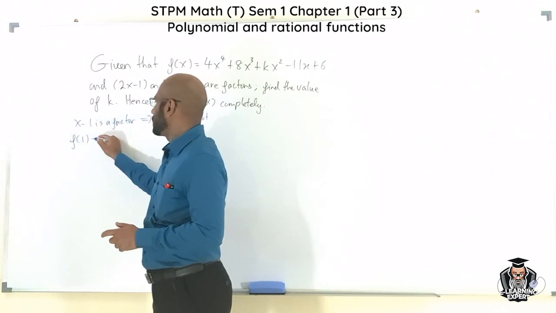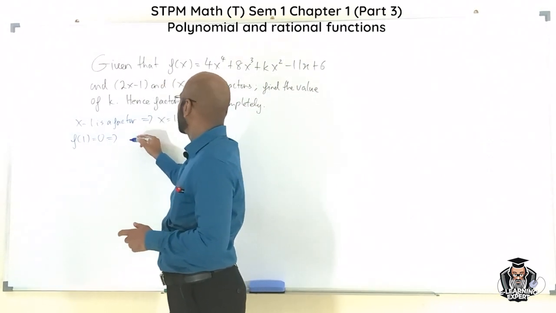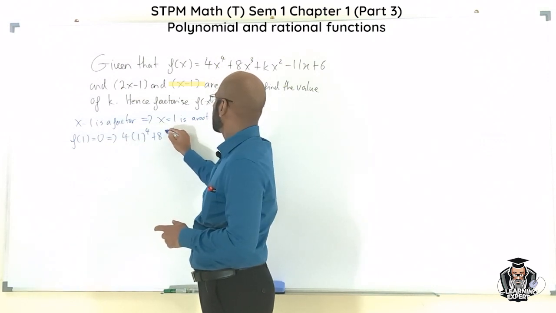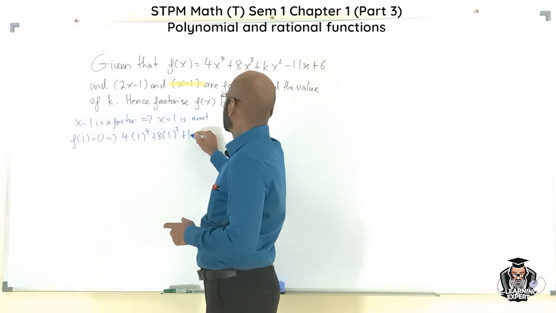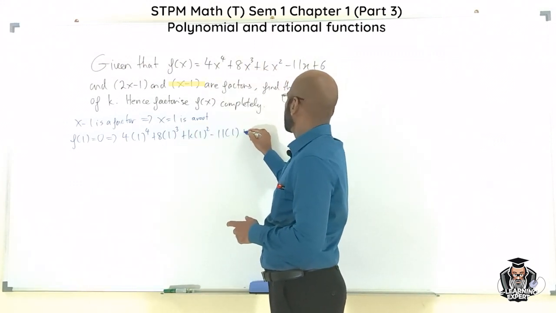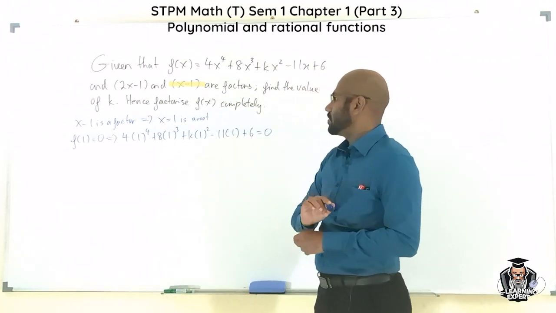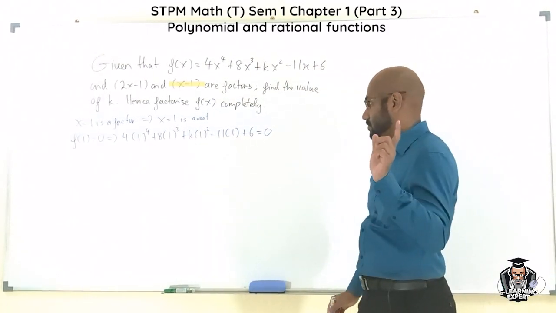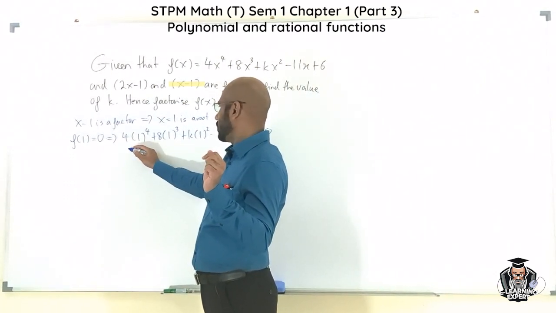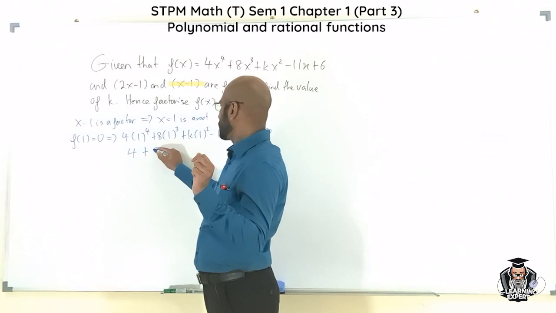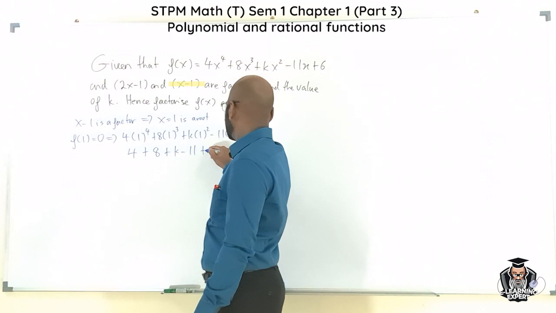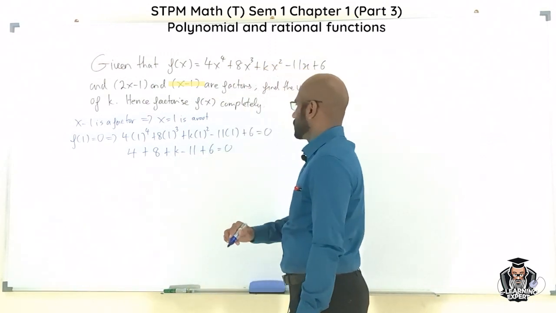Therefore, f of 1 must equal 0, implying that 4 times 1 to the power 4 plus 8 times 1 cubed plus k times 1 squared minus 11 times 1 plus 6 has got to equal 0 because it's a factor, no remainder.